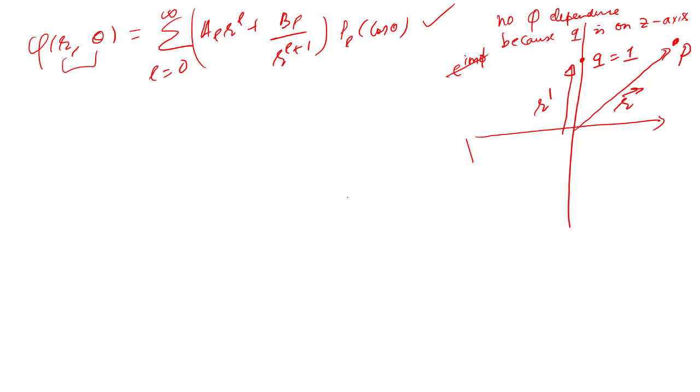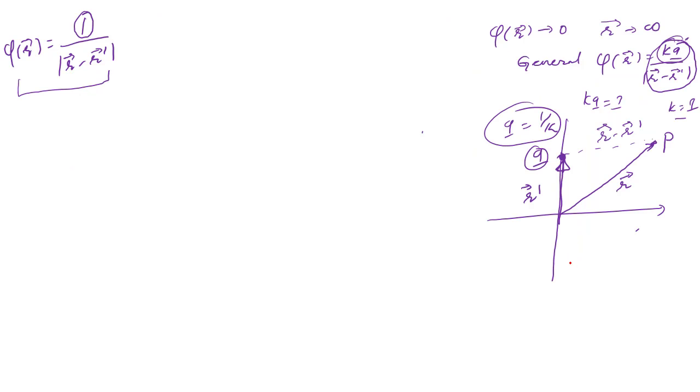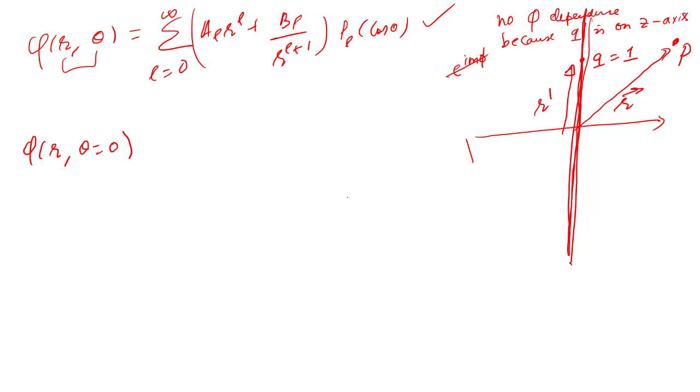Then the boundary condition we came up with was phi at r and theta equal to 0, that is, if you look at just the points along the z-axis. And that boundary condition came out to be 1 over r minus r prime.